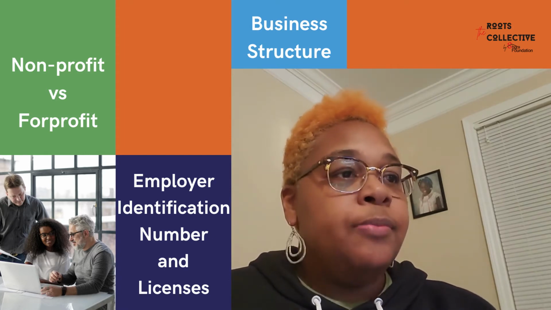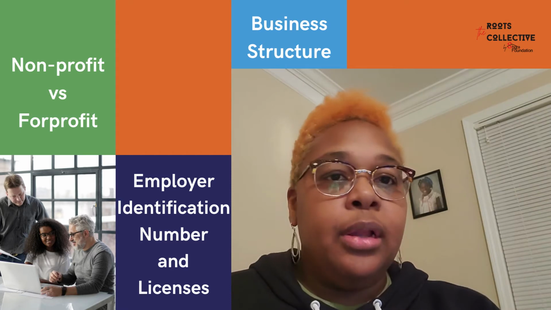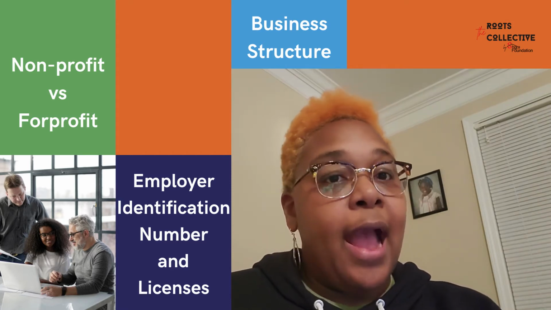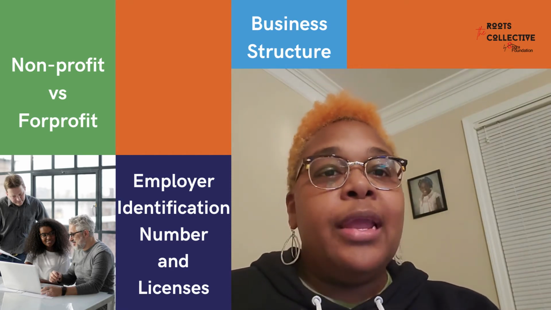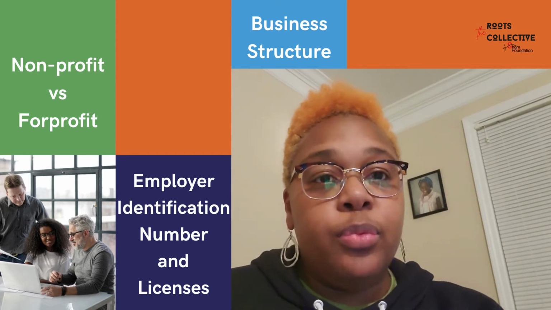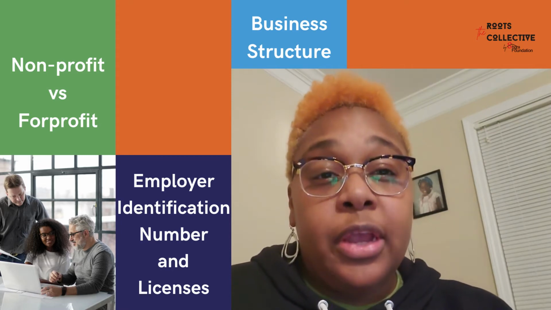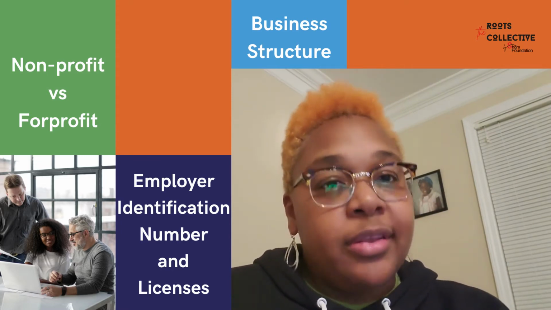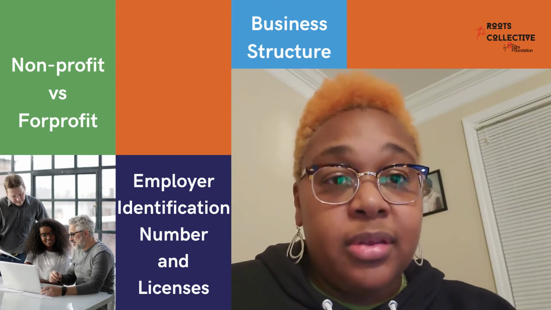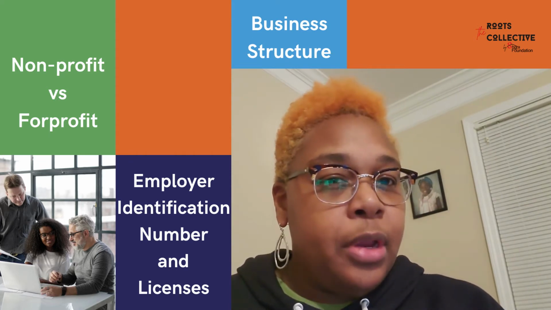We will get into an identification number a little bit later and how to apply for that. But your EIN number is something that you will get. That's one of the first things that you will get from the IRS website. It is like the social security number for your business. It's what separates your business from your personal social security number, right?